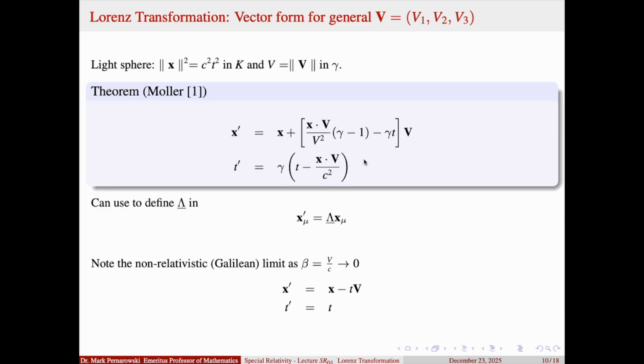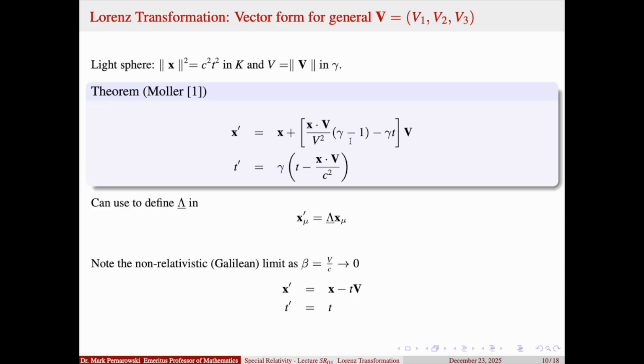When you look at this result, what you should see is that this is still a linear transformation. It looks like there are squared terms and gamma is kind of complicated, but as equations involving x and t, this first equation, for example, is linear in x. It's got a complicated term here.